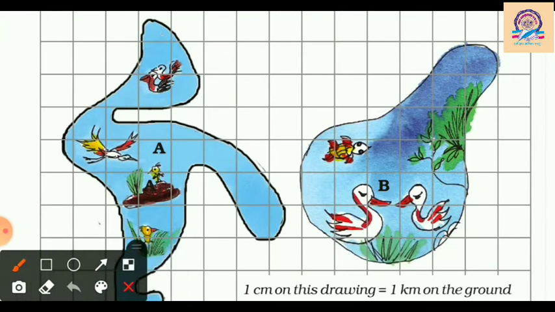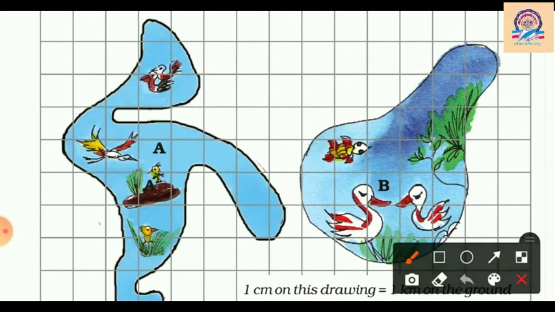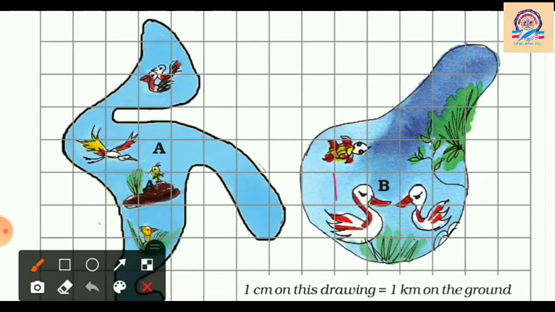Here we can see that this drawing is made up of pieces of squares. Yes, can you see that? Here you can see it's a piece of square, it's another piece of square. So how can we find its area?